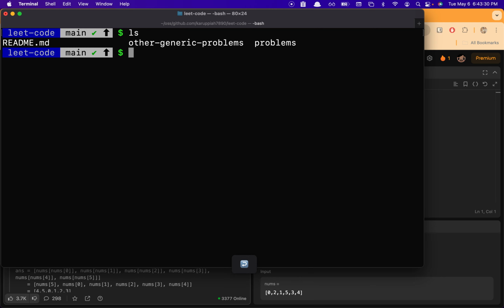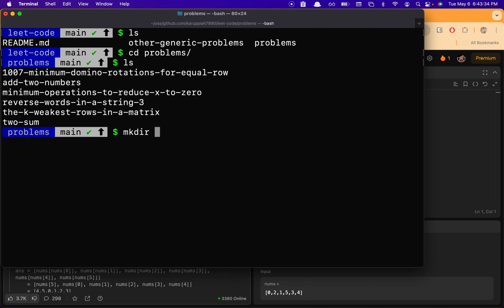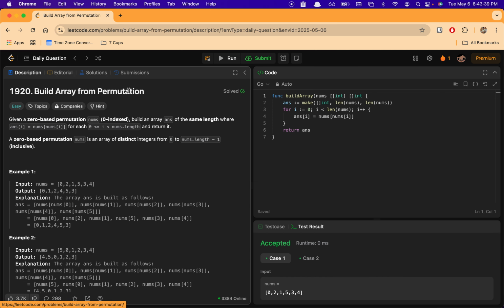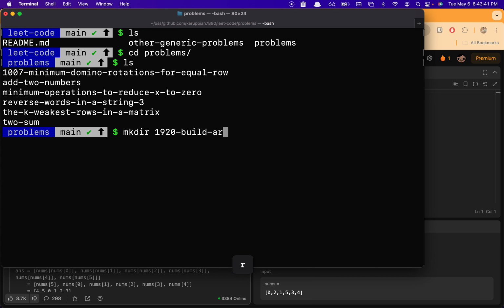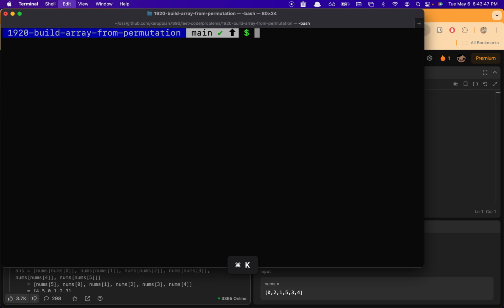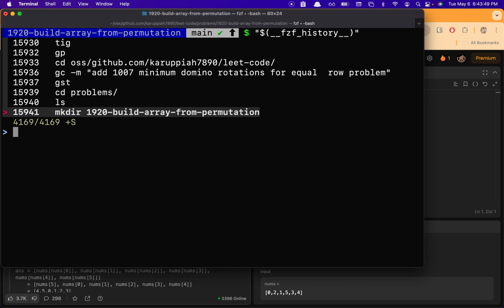Now I can go to problems and create this 1920 build array from permutation.